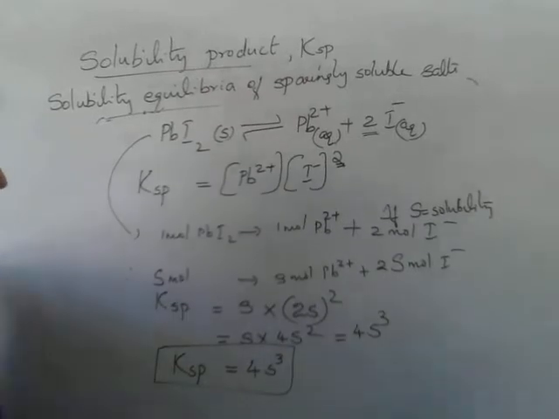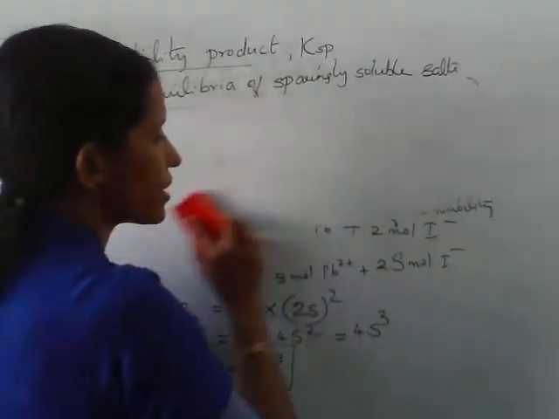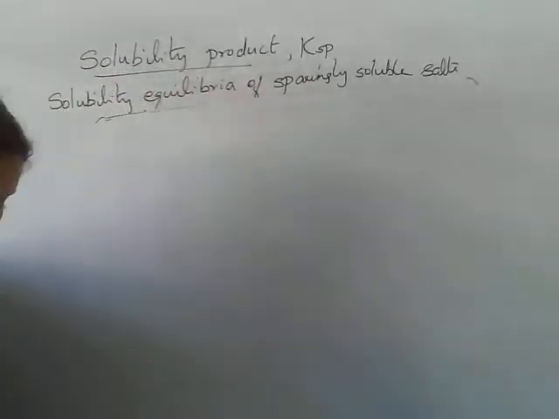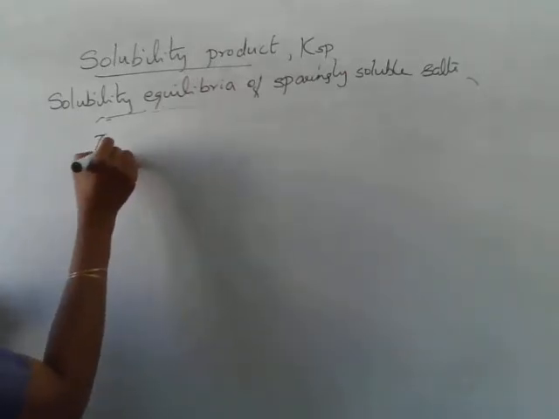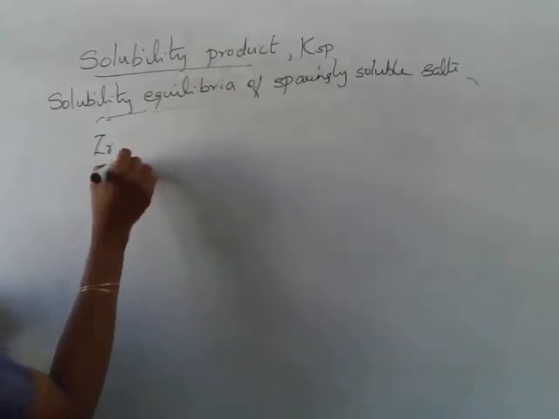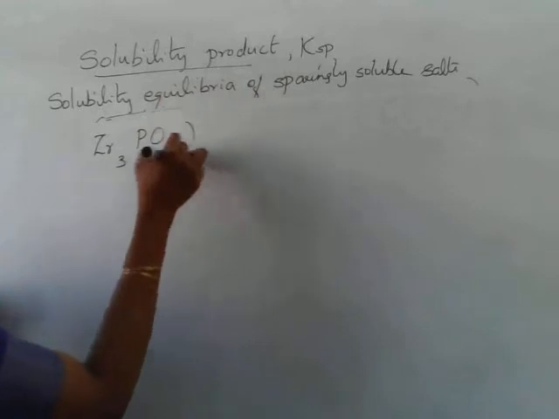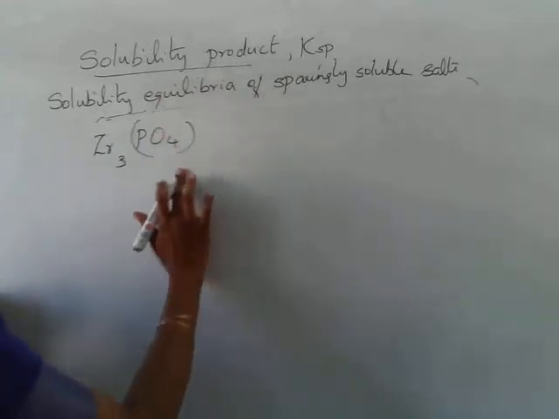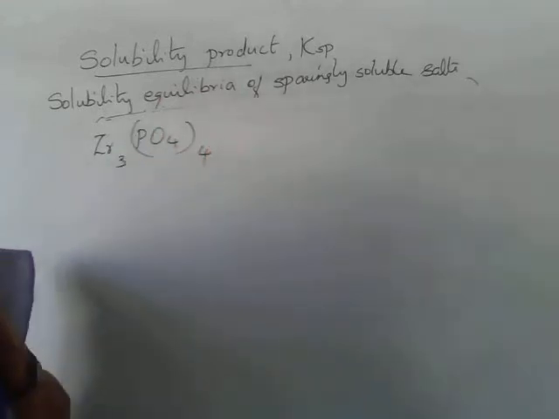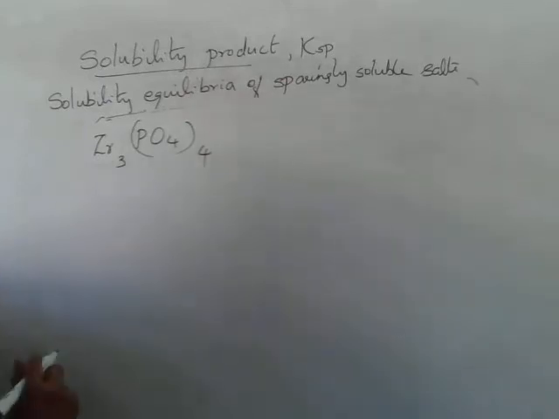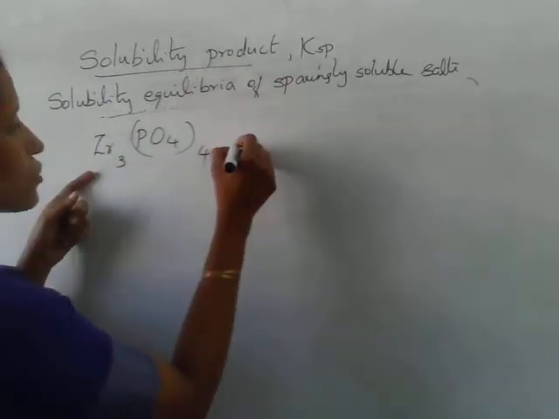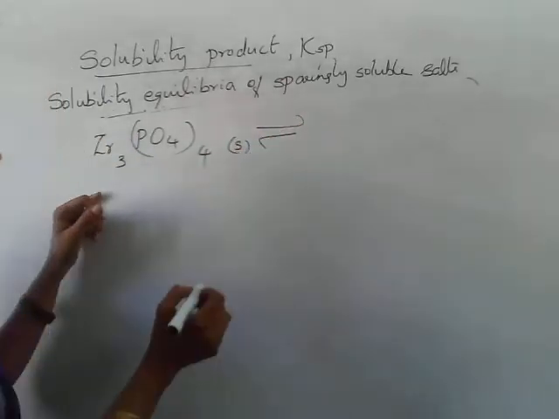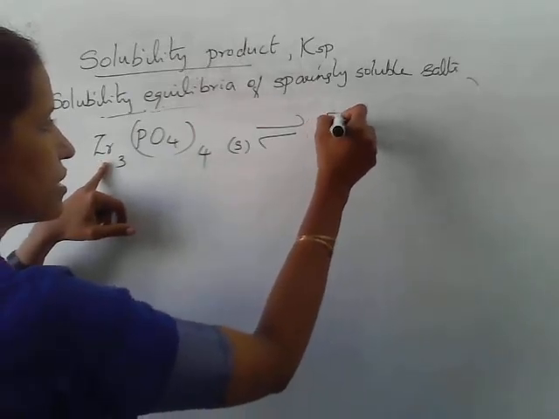If you take one more example, zirconium phosphate. The formula is zirconium 3, phosphate 4 times. Solid zirconium phosphate in equilibrium with its saturated solution.